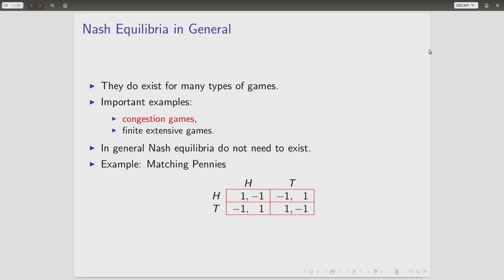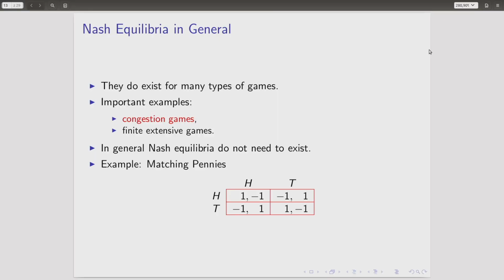One will always get 1 and the other minus 1. Yes, correct. Informally, in every outcome there is one player who is not happy, the one who lost. And he can always win by changing to the other strategy. That's how it is done here.